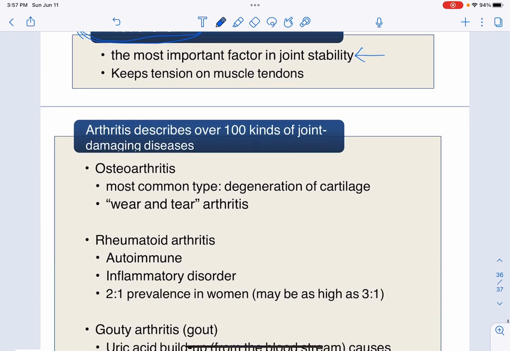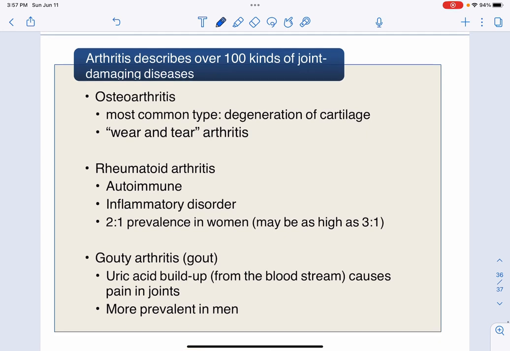And lastly, we'll just talk about a couple clinically relevant disorders that can happen with joints. The first one is called osteoarthritis. This is actually the most common type of arthritis, and this is when you have degeneration of cartilage in your joints. This is also like wear and tear arthritis.